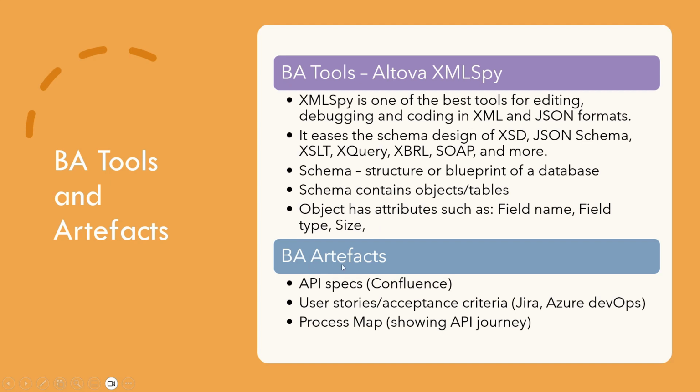Okay. Another important thing you need to know as a business analyst is the kind of artifacts you produce in an API project. The first one, as I talked about initially, was the API specs, which can be documented in Confluence, depending on the tool your company uses. The one I usually use is Confluence. Also, in most organizations you go into, you can get templates for these API specs.